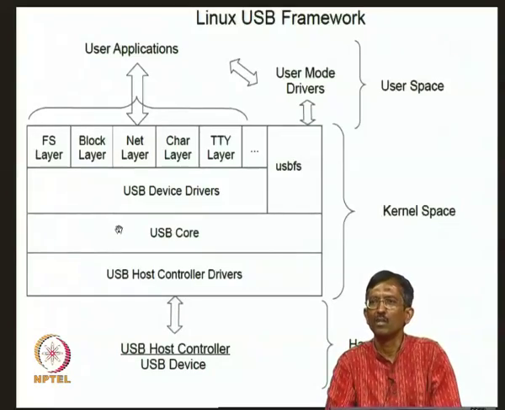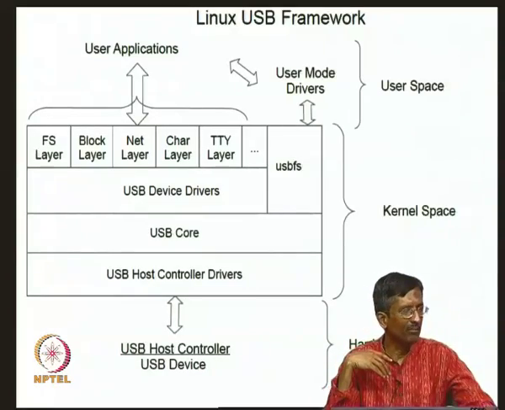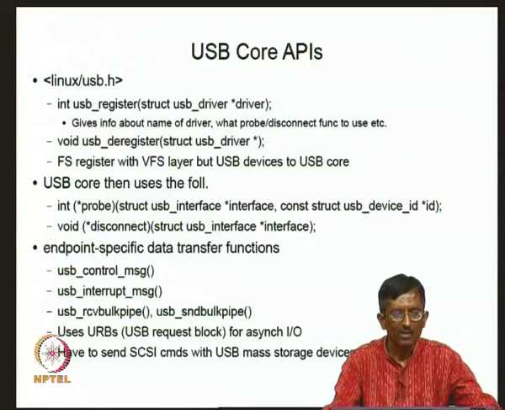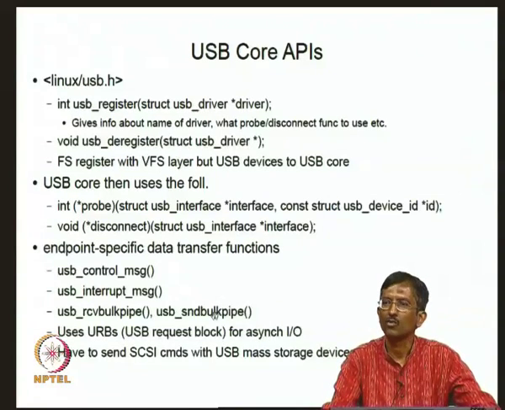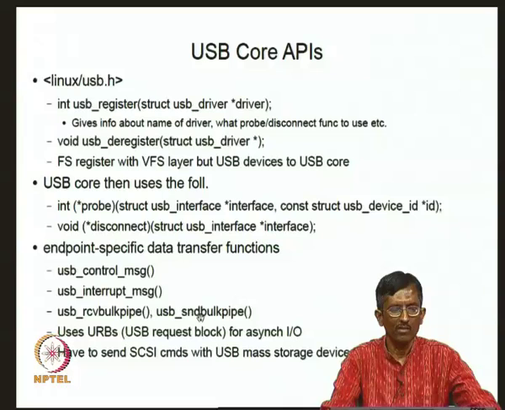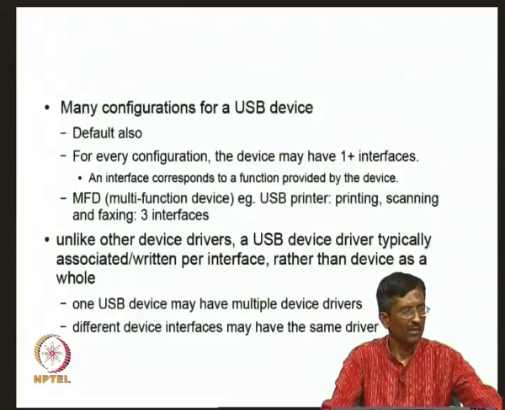For example, I mentioned the send bulk type, sorry. Use this particular function, saying that use this as a way to transfer information. And because I am using URBs, this might actually do the asynchronous IO part of it.